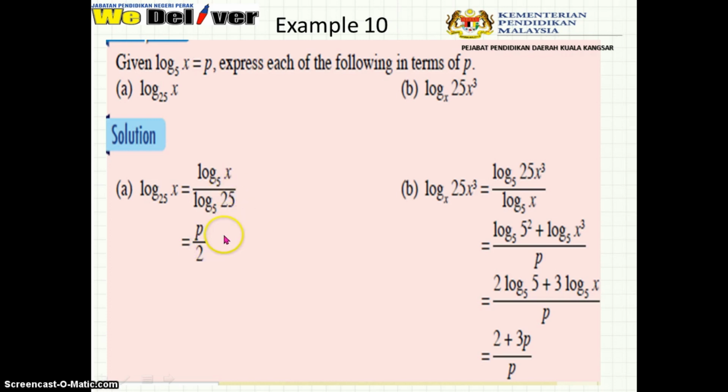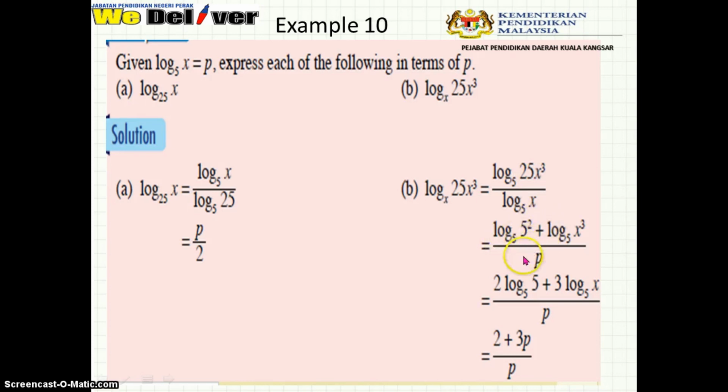Okay? And then b, log 25x to the power of 3 base x. So log 25x power 3 base 5 over log x base 5. 25 we write as 5 power 2. Okay, so multiply becomes plus, the product law of logarithm.